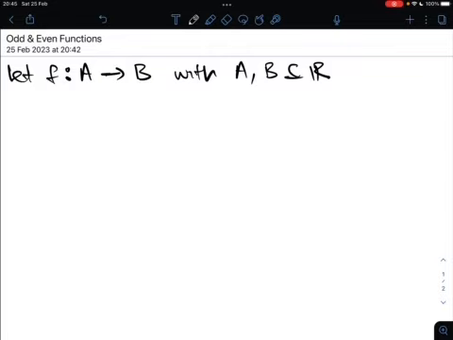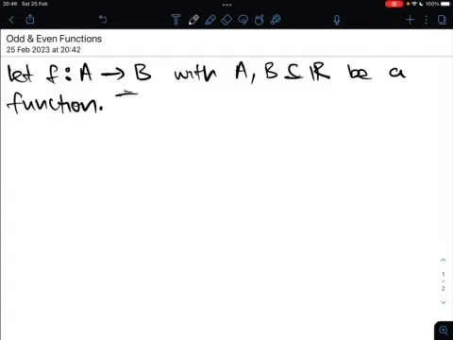So we'll just assume that A and B take values that lie in the real numbers. So let f, which has some domain A and codomain B, be a function.